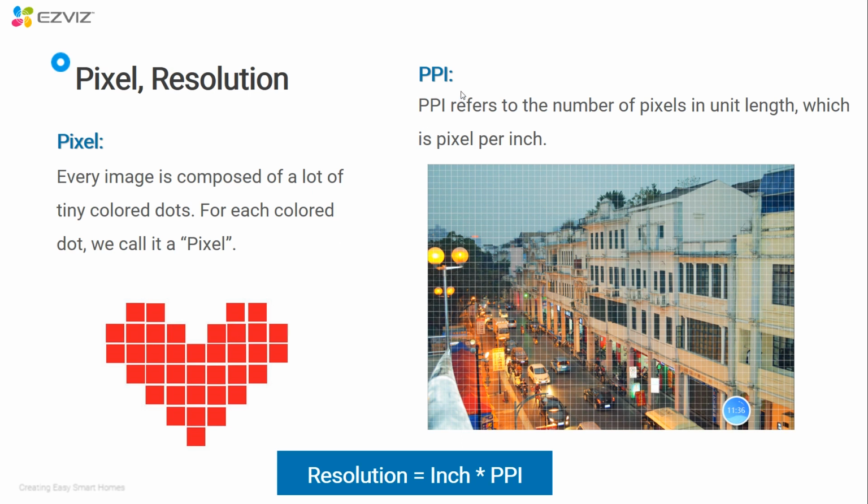And PPI refers to the number of pixels in unit length, which is pixels per inch. Then the relationship between them is resolution equals inch times PPI.